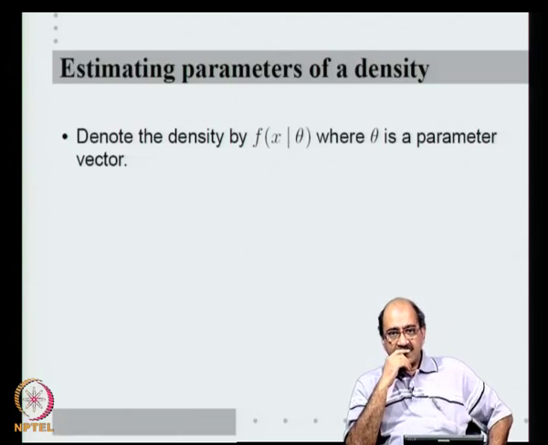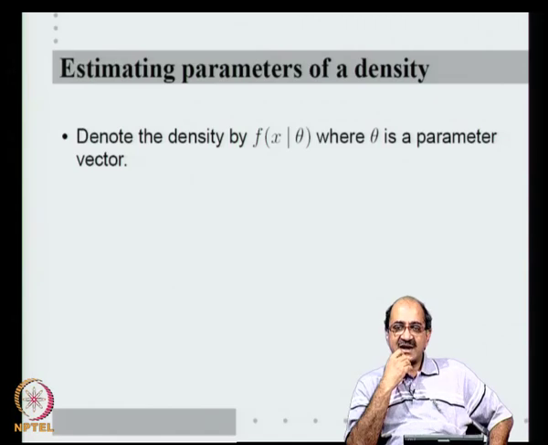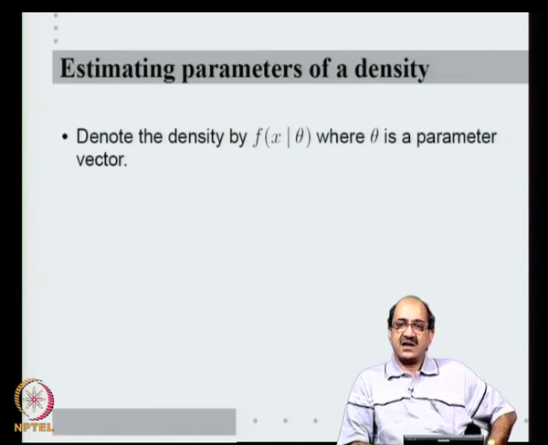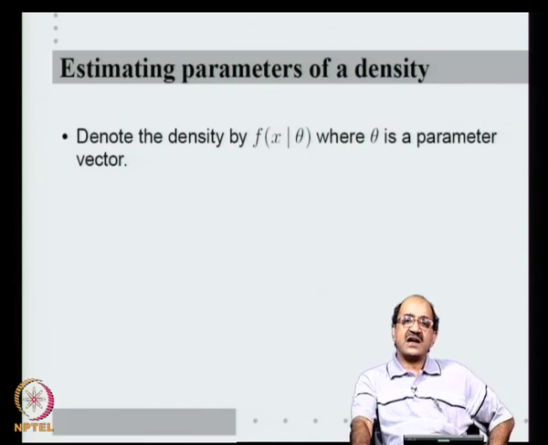In the parametric approach, let us say we are getting data from a density f. We will write that density as f x given theta, where theta is the parameter vector. Given theta does not necessarily mean theta is a random variable at this point; we simply write f x given theta to denote that theta is the unknown parameter vector.